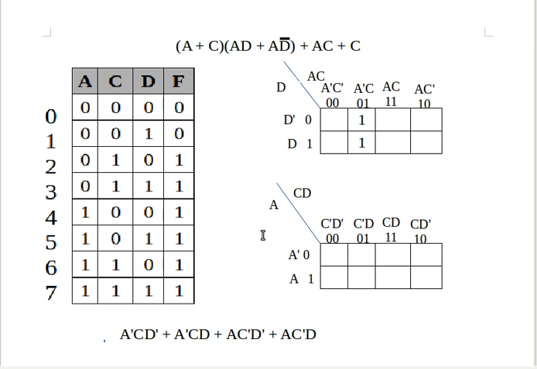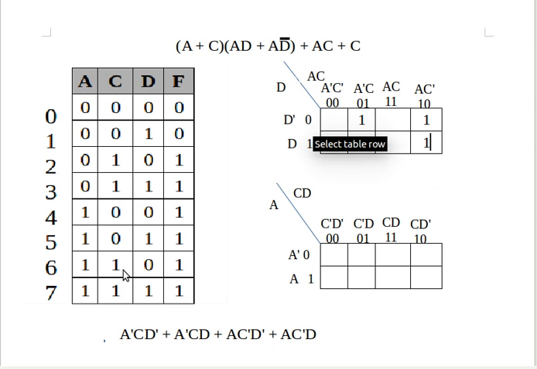Now the third one is gonna be this one, A C prime D prime. A C prime D prime, 1 0 0. Now for this one, what am I gonna have? It's gonna be A C prime and D, and now I'm gonna have a 1 here.